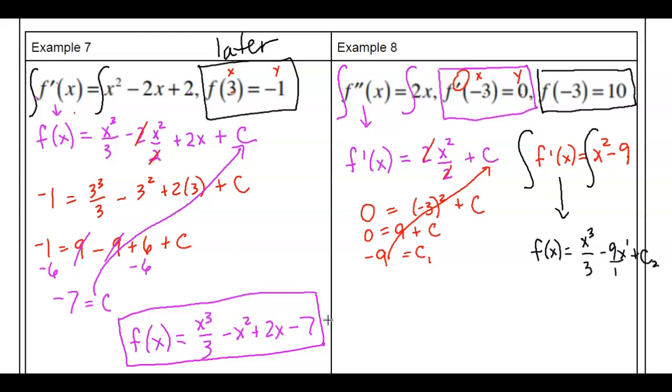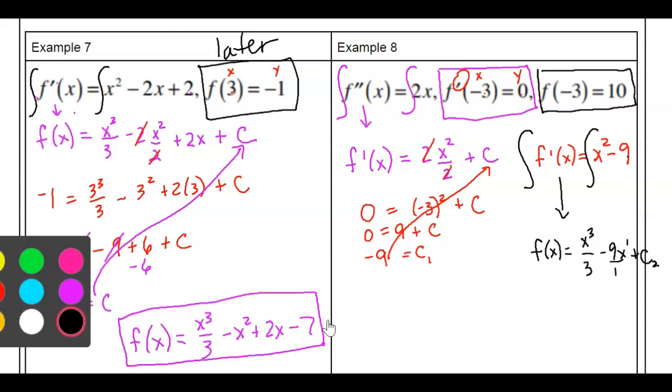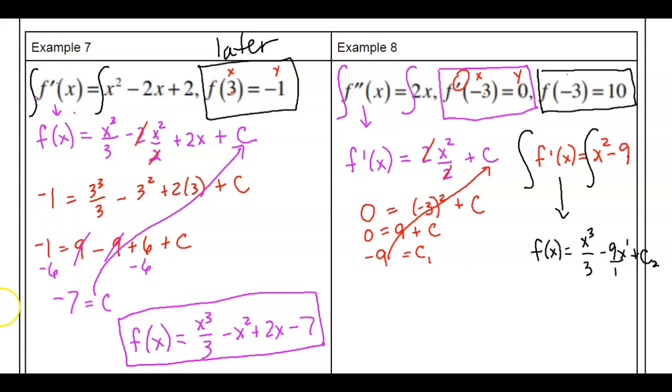So now this is technically our second constant. So we know that this x value is negative 3, and the f of x or y value is 10. So 10 equals negative 3 cubed over 3, minus 9 times negative 3, plus our second constant.